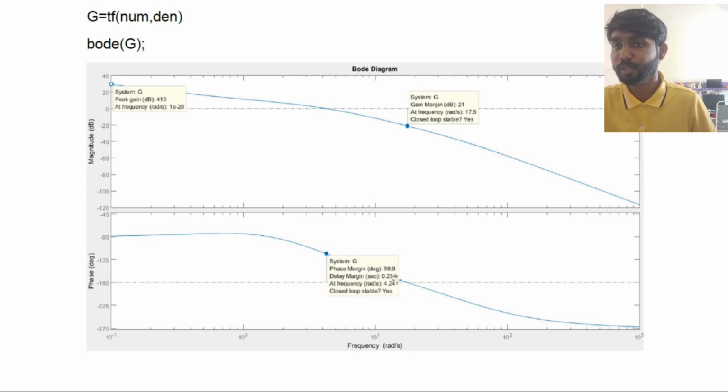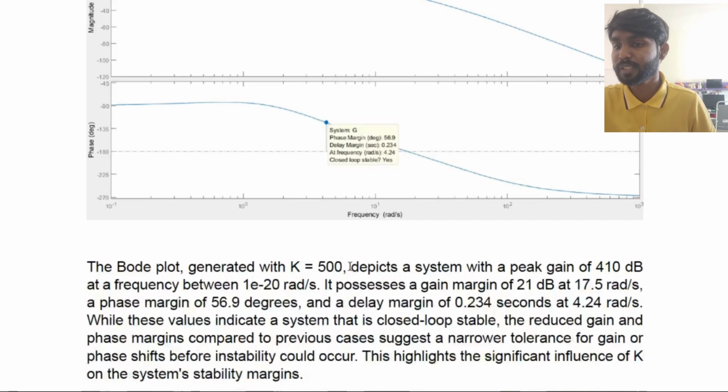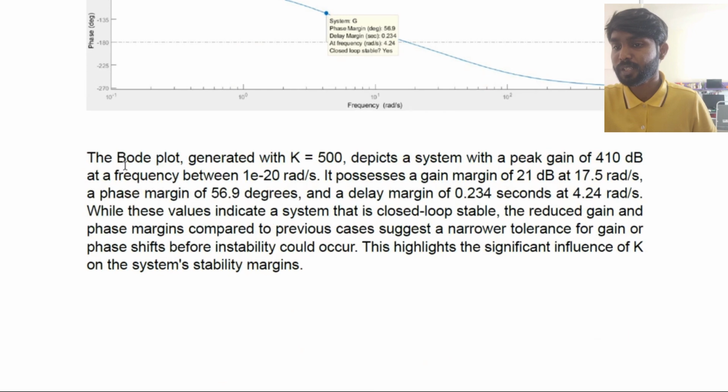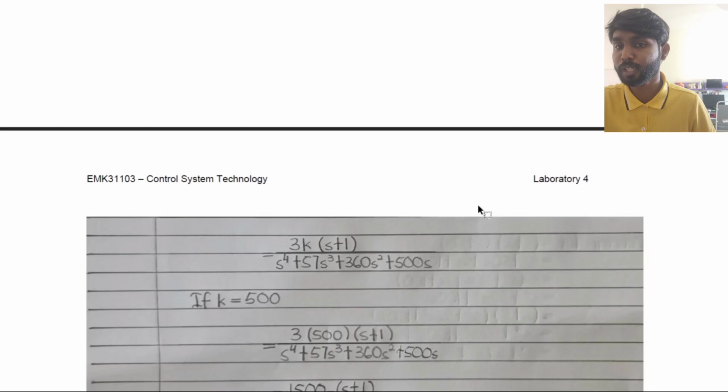The delay margin is 0.234 seconds at a frequency of 4.24 radian per second. Is the closed loop stable? Yes. The Bode plot with K equals 500 depicts a system with a peak gain of 410 dB at a frequency of 1e negative 20 radian. It possesses a gain margin of 21 dB at 17.5 radian per second, a phase margin of 56.9 degrees and a delay margin of 0.234 seconds at 4.24 radian per second.